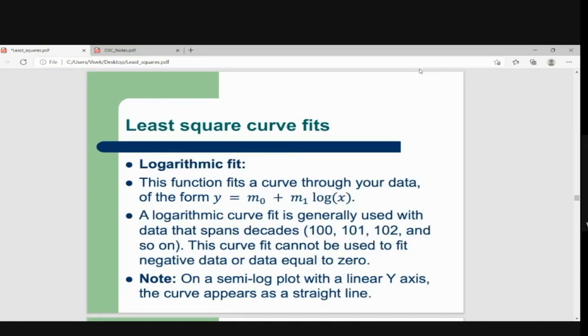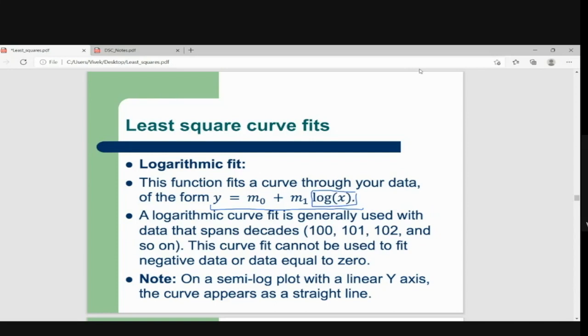Similarly, we can have a logarithmic fit. In this case our data points look like this. If you see, it looks like a line, but instead of x we have log x.